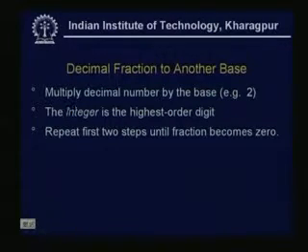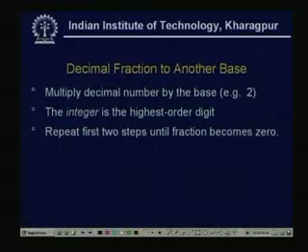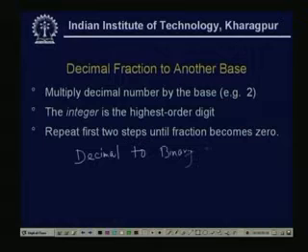So what will be the general rule? The general rule is to multiply the decimal number by the base. Again, I am considering this for decimal to any other number system, say binary, then this is for 2.